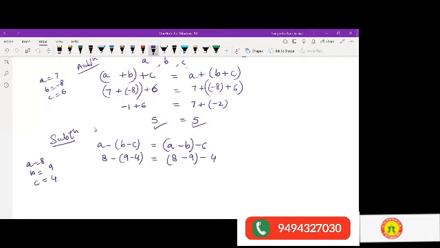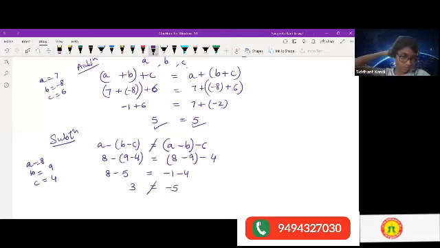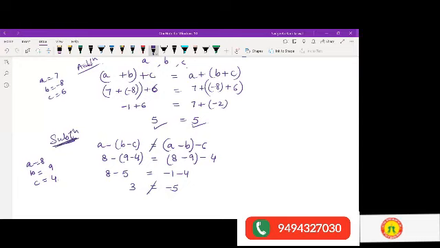Here we get 8 minus 9 minus 4 is 5. And here we have 8 minus 9, which is minus 1, and minus 4. So here I get minus 5 and here I get 3. So they are not equal. You got it? So this property does not hold for subtraction. Associativity does not hold for subtraction in the case of integers.